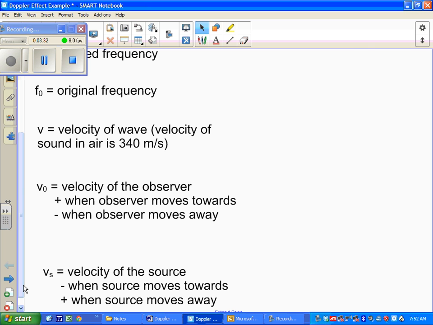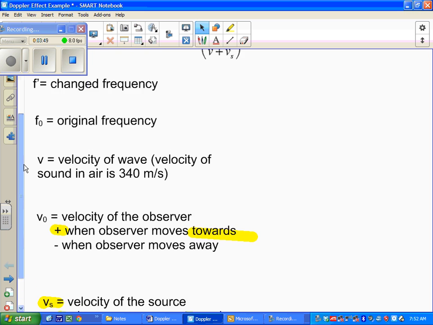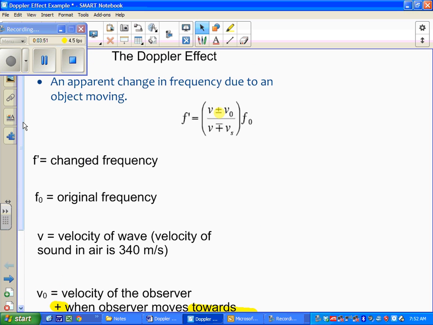And so you'll notice that these are different. You can see here that for the observer, v naught, it's positive if it's going towards, and for the source, it is negative when it's moving towards. And so to keep that clear, this equation is written in a special way. You may have noticed that right here, it's positive and then negative, and then here, it's negative and then positive. And the reason they do that is so the sign on the top is always moving towards.